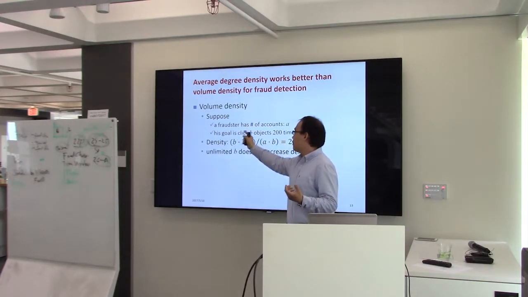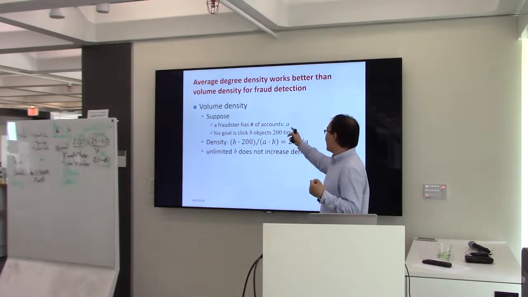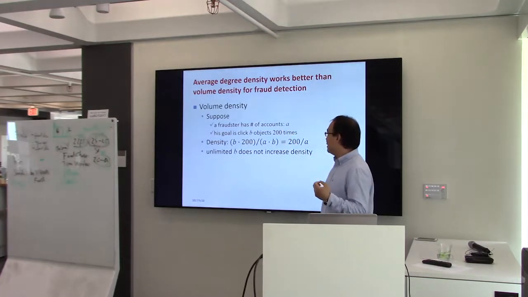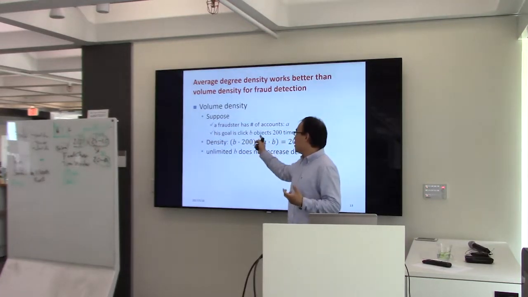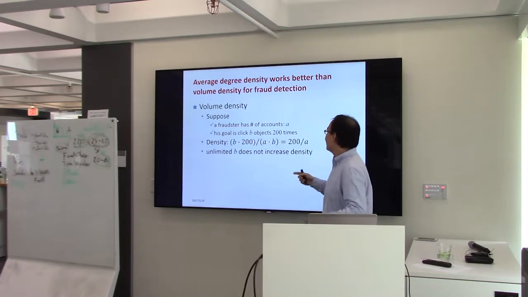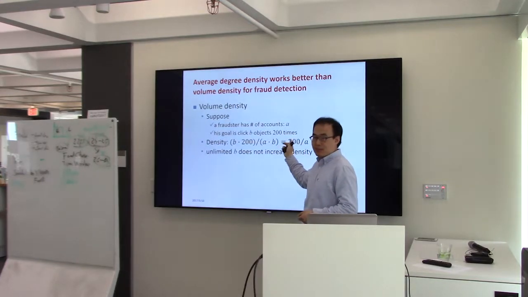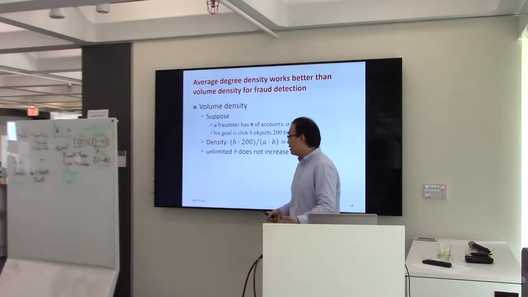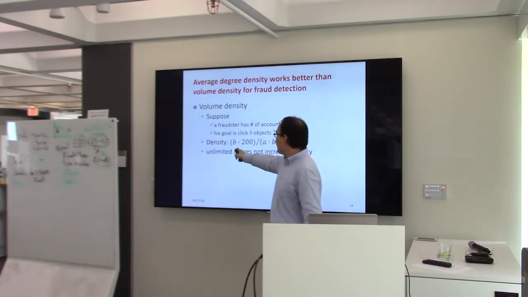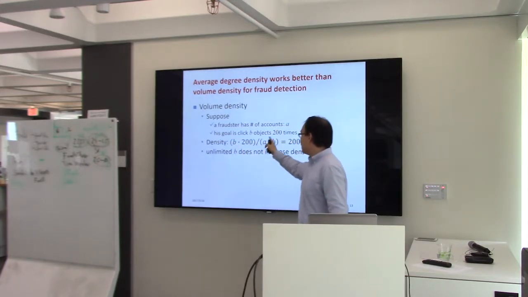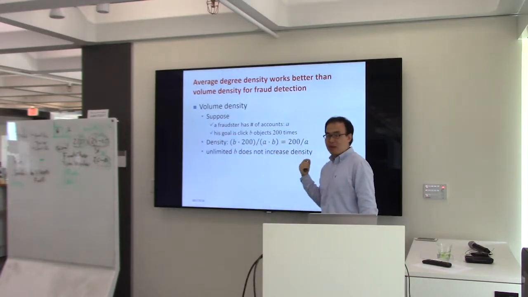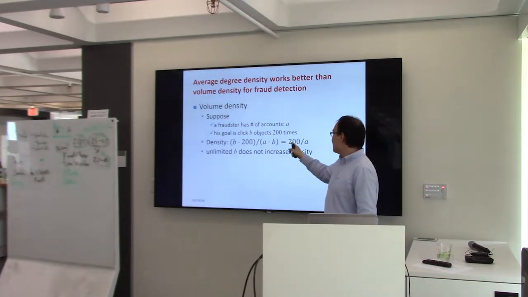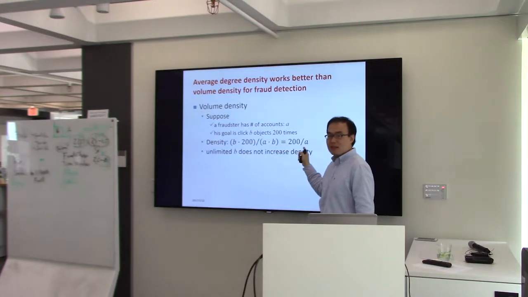We suppose fraudsters have a number of accounts, A, and their goal is to click B objects who pay for 100 times. This is their ultimate goal. So the density will be B multiplied by 200 over A multiplied by B. In that case, the volume density will be 200 over A.